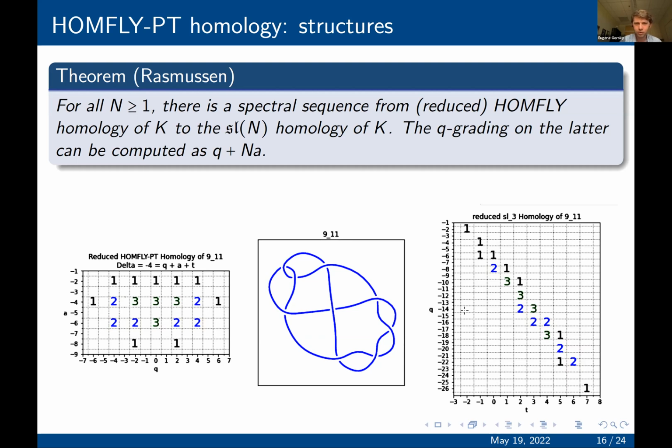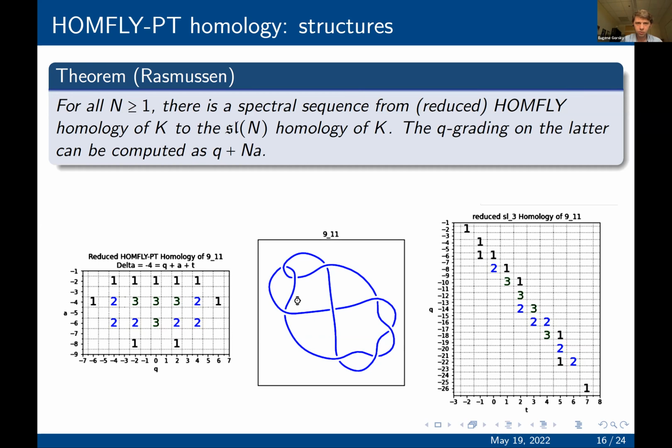He has a program computing SL_3 homology. But I'd argue that in this particular case, it's much easier to compute HOMFLY homology, which is nice and symmetric as we discussed, and then just compute the spectral sequence. In this case, it collapses and you get this result on the right. So we just understand the spectral sequence and the structure is essentially the same, but we organize it slightly more symmetrically.